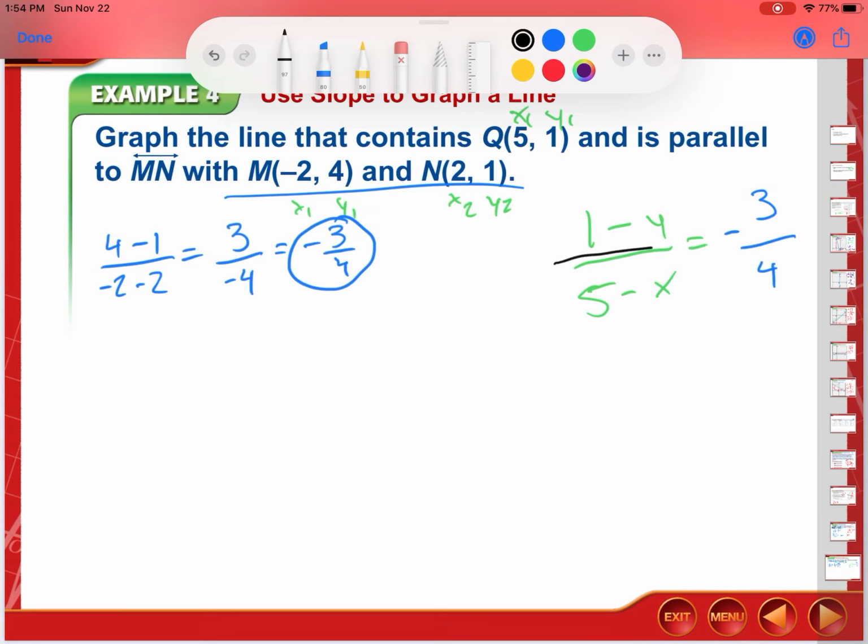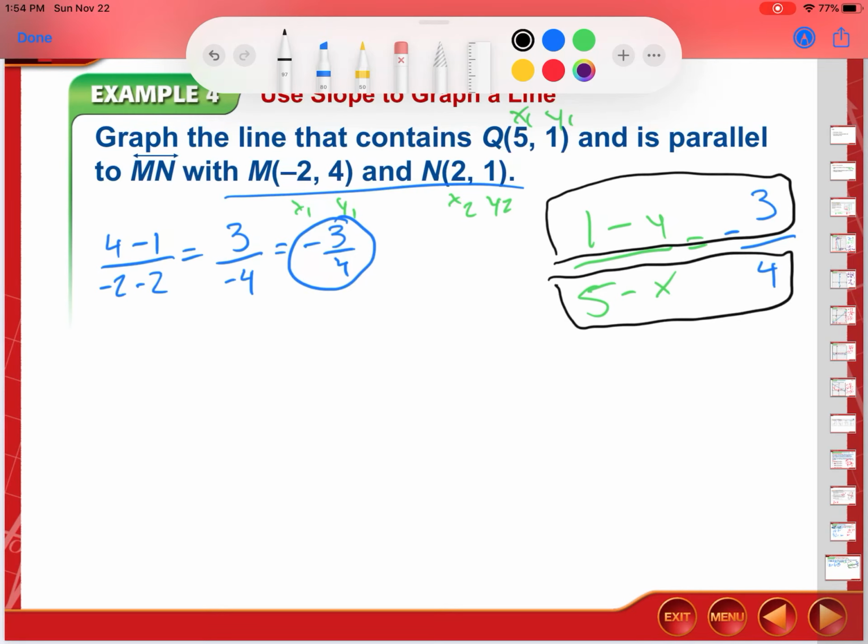And now, based on this, I'm going to kind of cut this equation in two and solve each of them individually. So I'm going to look at the y's and I'm going to look at the x's separately and then make that my second point. So I'll show you what I mean.